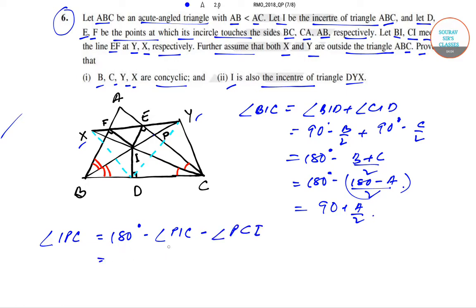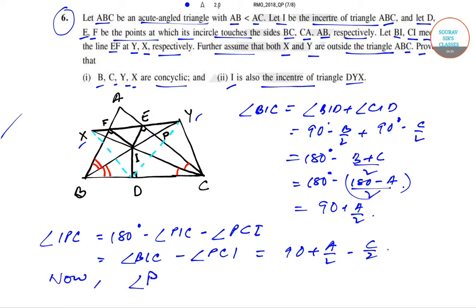Now 180 degree minus PIC will be basically angle BIC, minus PCI. BIC we have already found out is 90 plus A by 2, and PCI we know is equal to C by 2. Angle IPC is equal to the angle EPY, since they are vertically opposite angles.